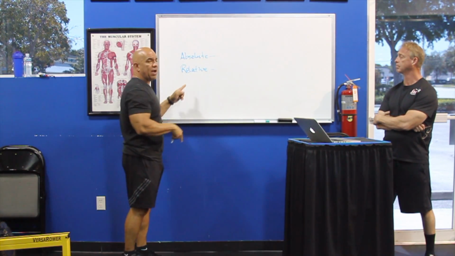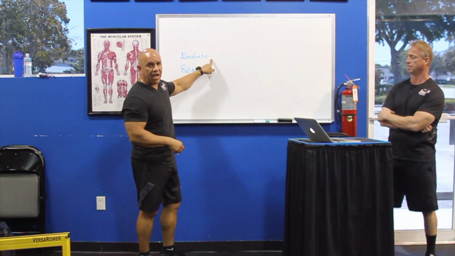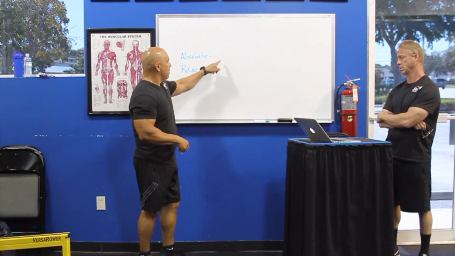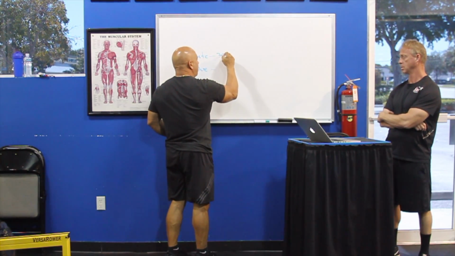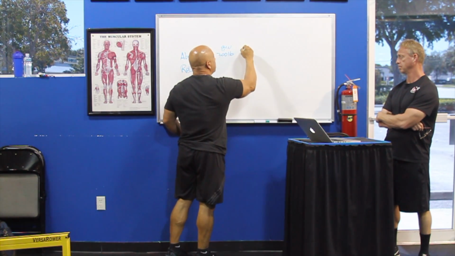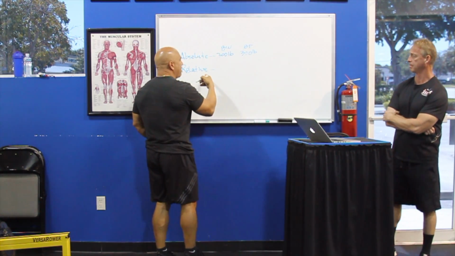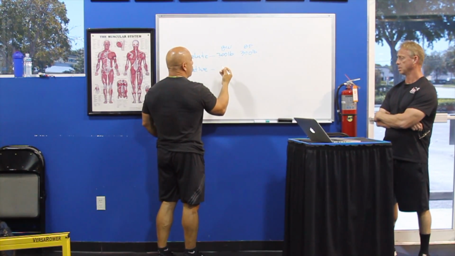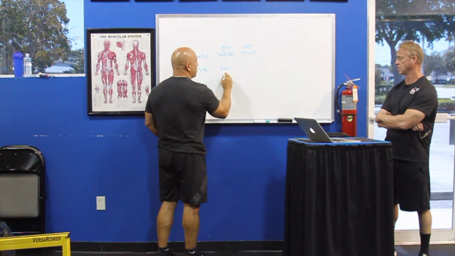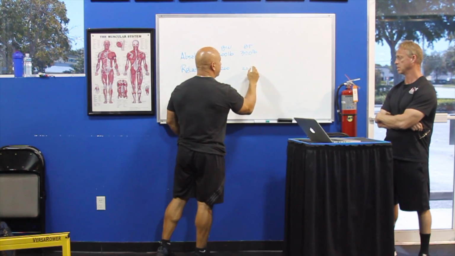Then you have your relative strength. This is where the term pound for pound comes in. Pound for pound, he's stronger. So there's a 300-pound guy with a 300-pound bench press. And you have this guy here who weighs 200 pounds, and he lifts 225.